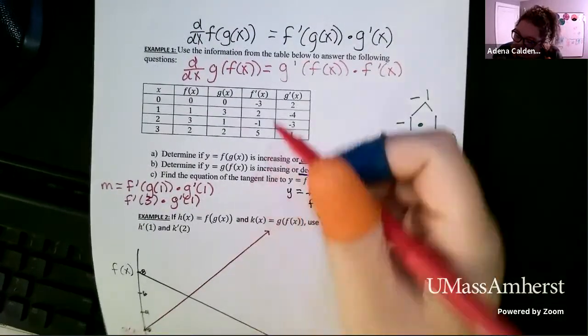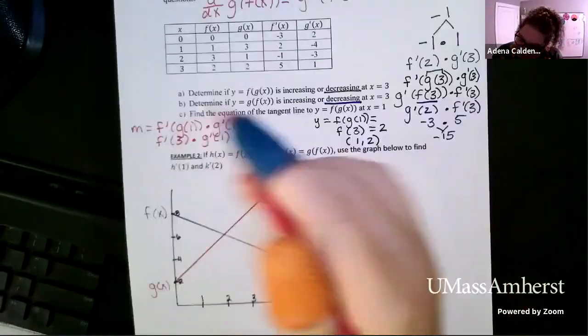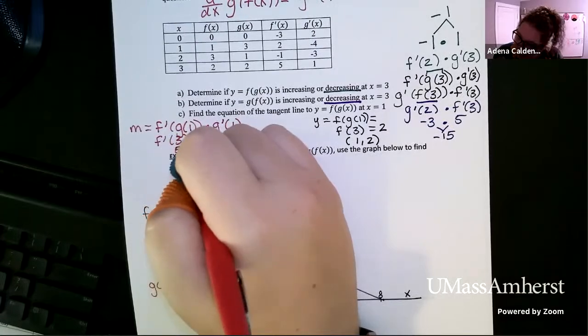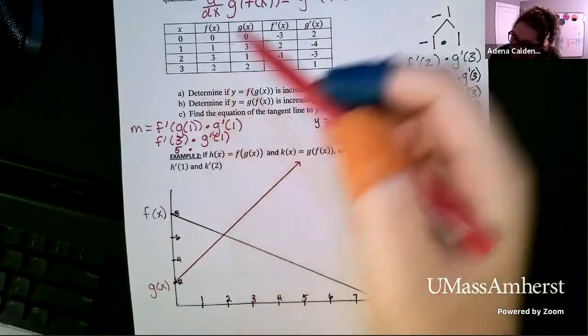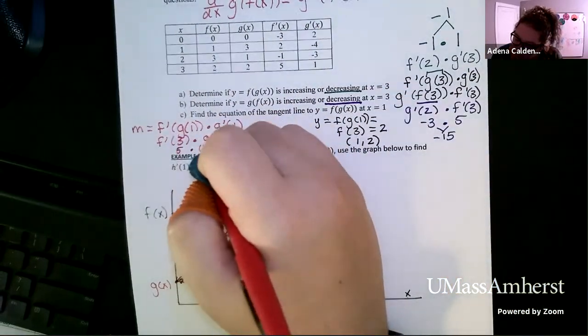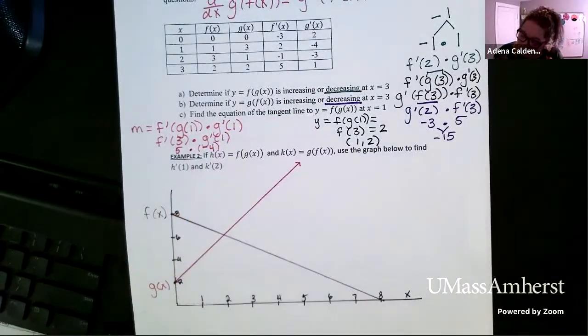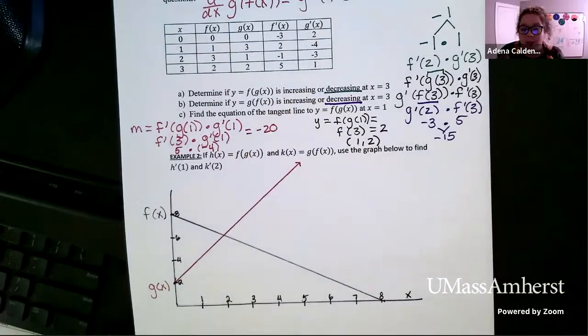F prime of 3, I go to f prime, I go down to 3. That's going to give me 5, right? And then g prime of 1, I come up to g prime, I go down to 1, I get -4. 5 times -4 gives me a slope of -20.